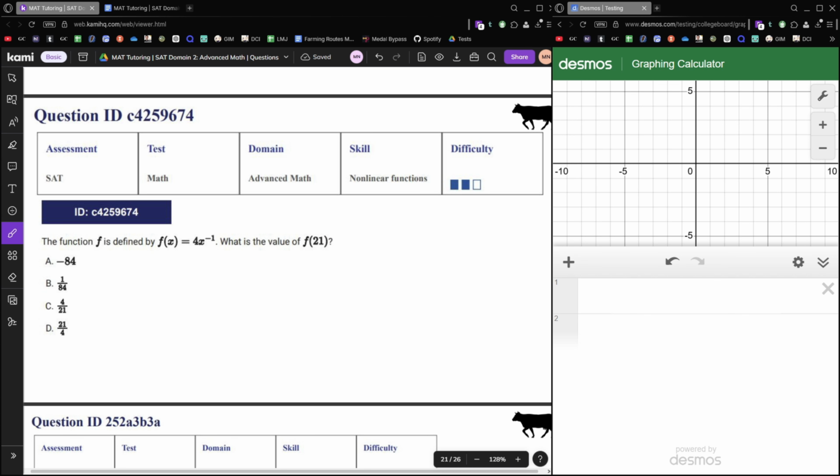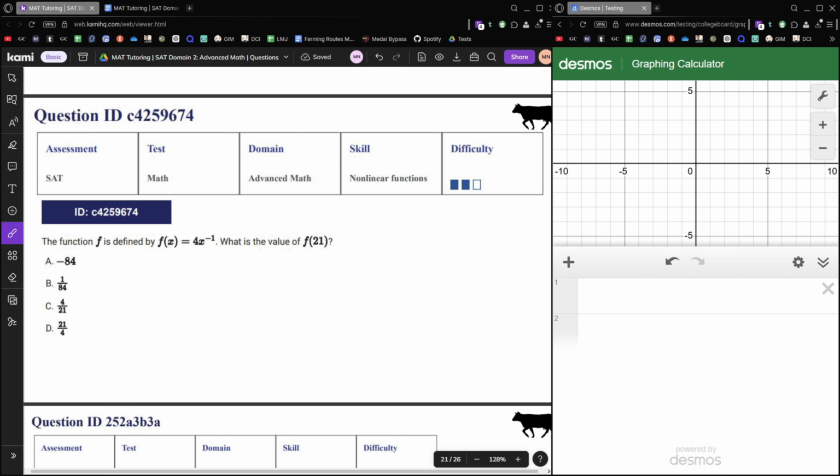They give us this function and want us to find the value of f of 21, or basically, what's the y value when x is equal to 21. Now, there's two ways we can do it. The first way, what you want to do is just copy the equation exactly as you see.